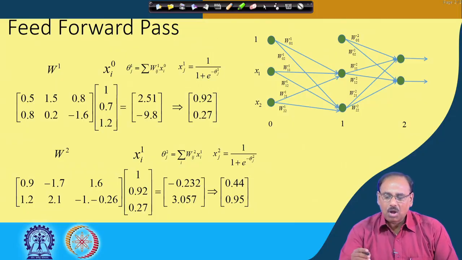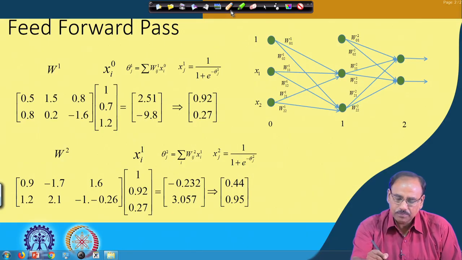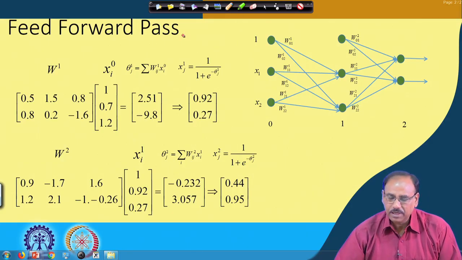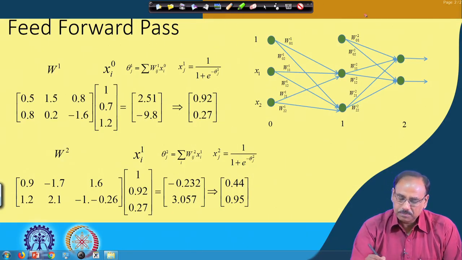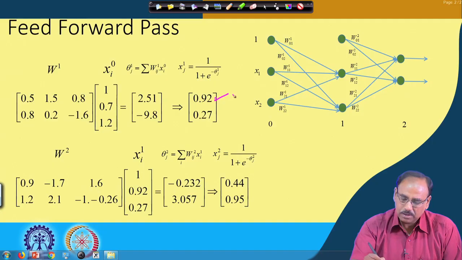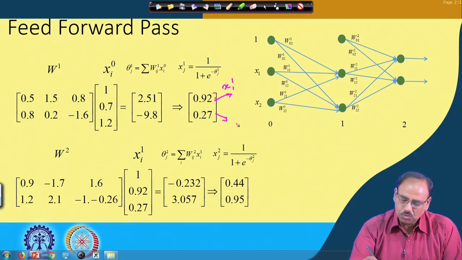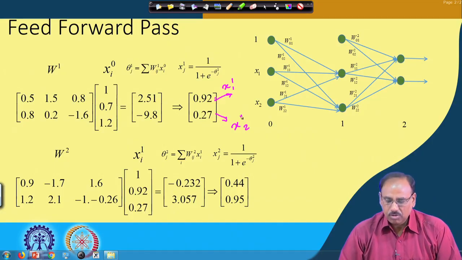The outputs of the nodes in the hidden layer are as given here. x11, which is the output of the first hidden layer node, is 0.92, and x21, which is the output of the second node in the hidden layer, is 0.27.